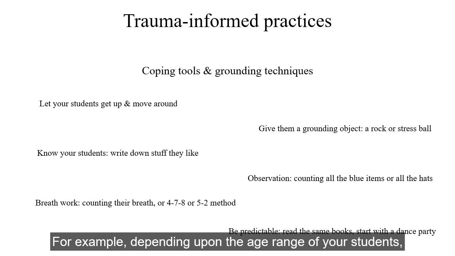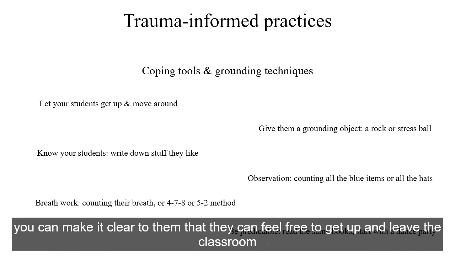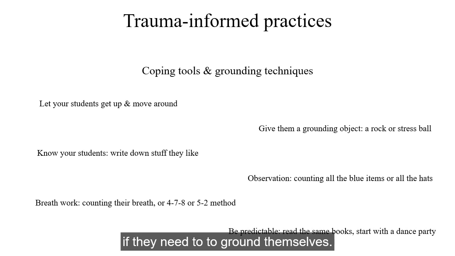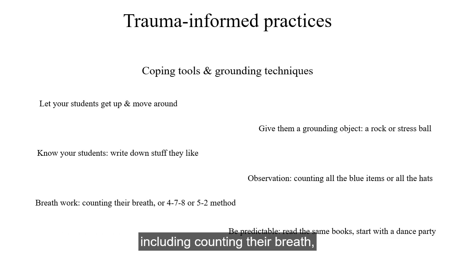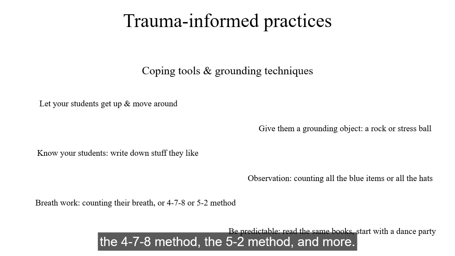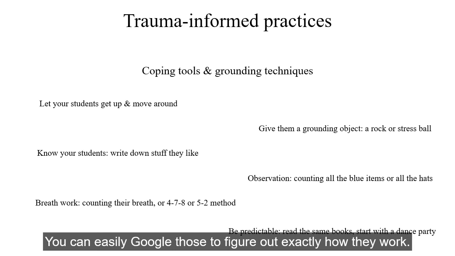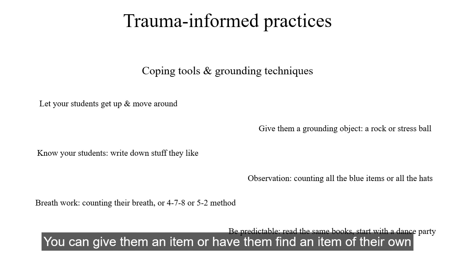For example, depending upon the age range of your students, you can make it clear to them that they can get up and leave the classroom if they need to ground themselves. You can teach them about different breathing techniques, including counting their breath, the 4-7-8 method, the 5-2 method, and more. You can easily Google those to figure out exactly how they work.